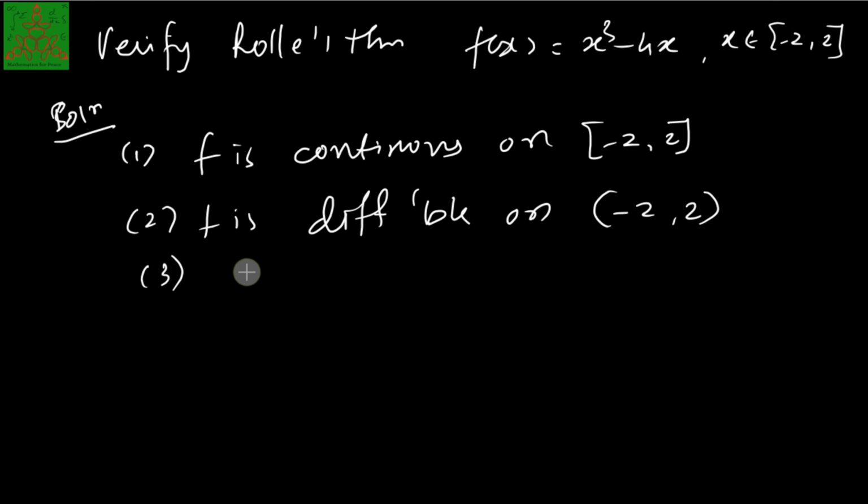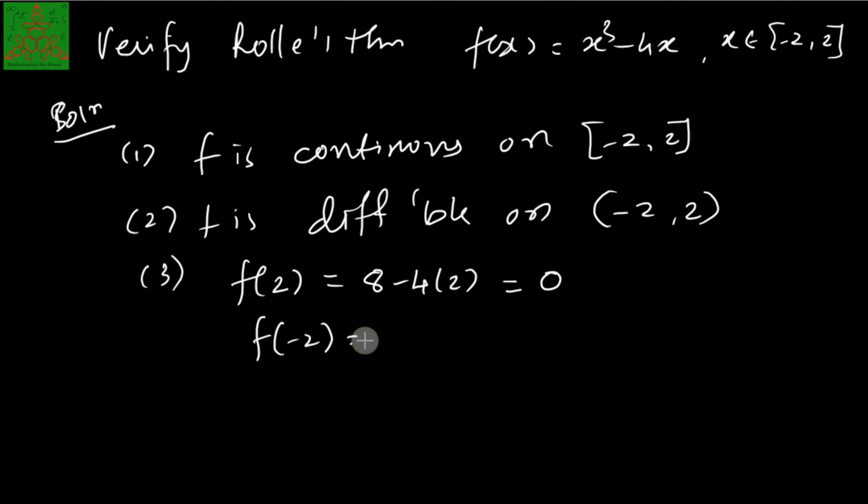The third one: what is f of 2? f of 2 is 8 minus 4 into 2, that is 8 minus 8, which gives me 0. And f of minus 2 will be minus 8, and due to this minus sign it will be plus 8, so that is 0. Therefore f of 2 is equal to f of minus 2.